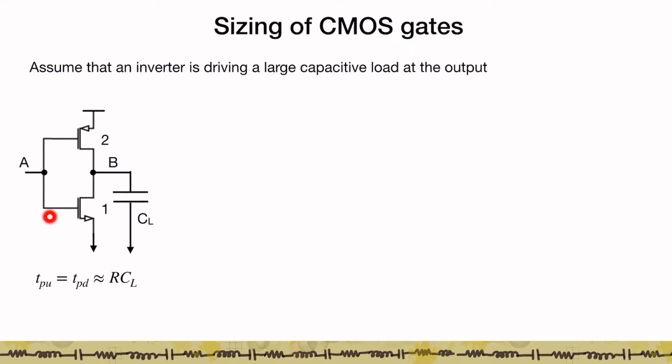So let's assume that we have a technology in which the mobility of holes is half that of the electrons, and therefore we size up an inverter with the PMOS to be 2 times the size of the NMOS.